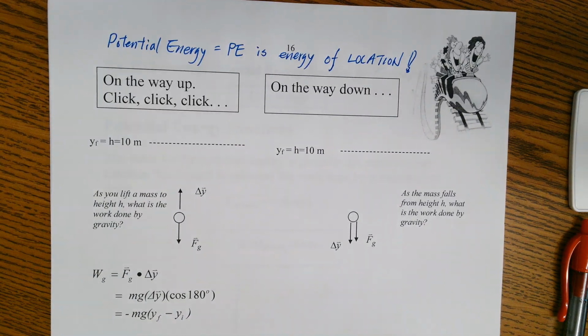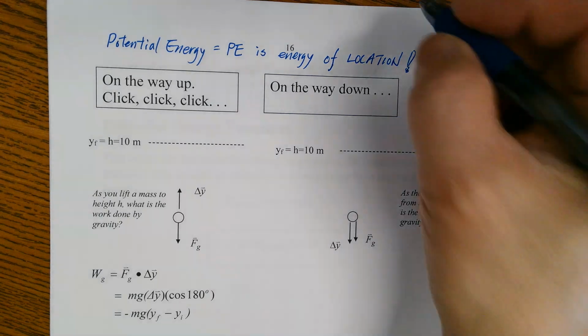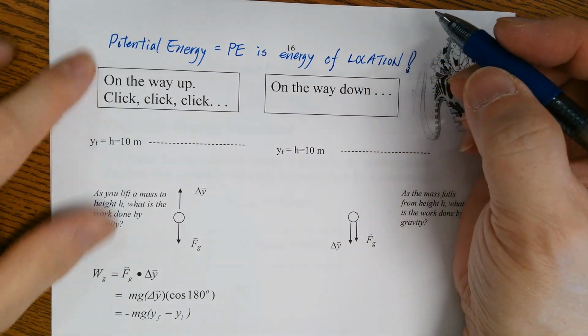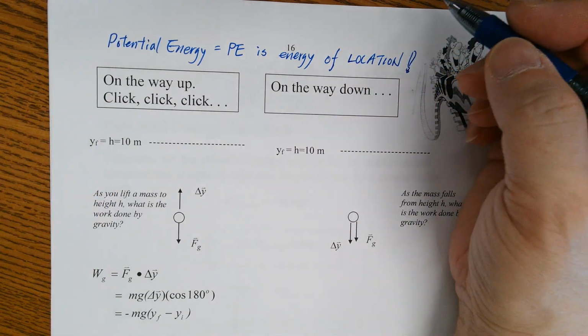And the location usually means height. The change in height will actually change the potential energy.